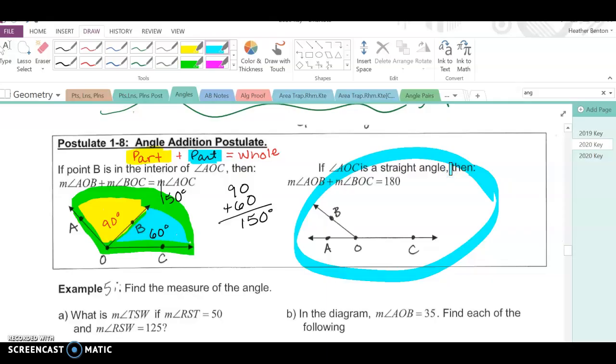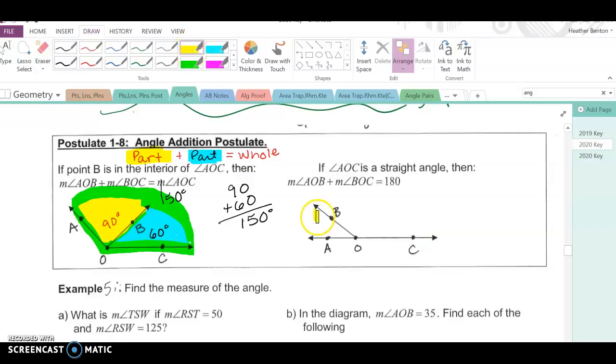Okay, so same idea here in this second scenario. It's a little more tricky scenario though, so let's go through it. So let's pretend this angle looks like, I don't know, 40 degrees maybe, and then what we have here, I can't just make up any old number for this blue angle, and the reason why is because we already know how many degrees this straight line is. Remember with me that this straight line is not just any old line.